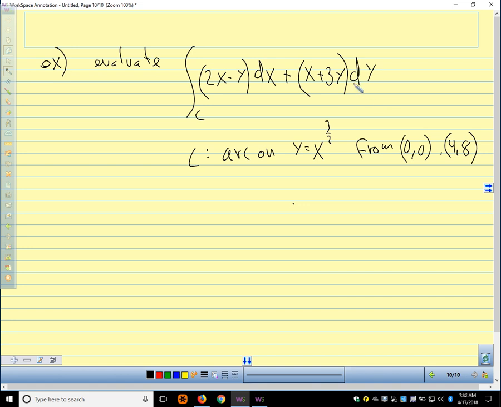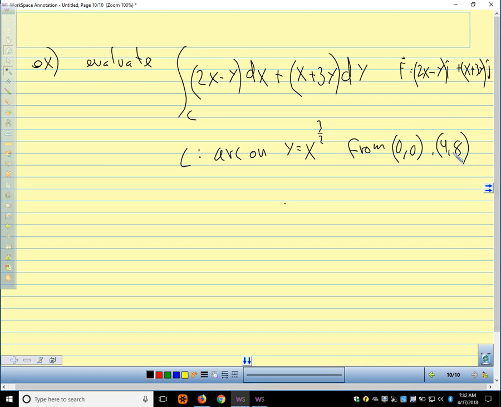Now this is equivalent to saying that f is equal to (2x minus y) i hat plus (x plus 3y) j hat. And this is the same as the integral of f dot dr on that curve, writing f like this.